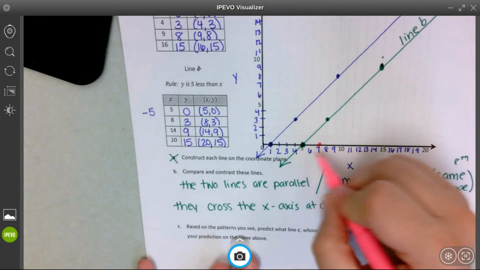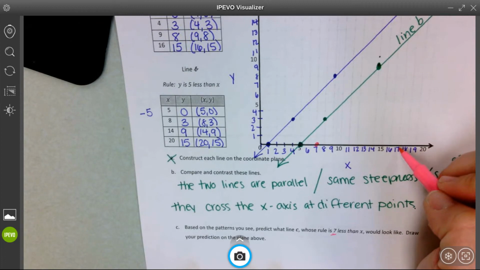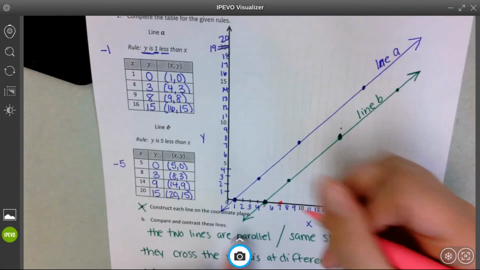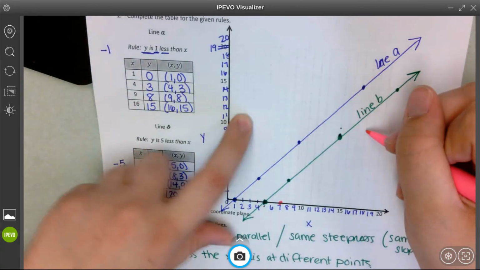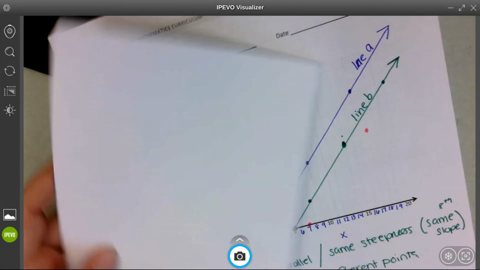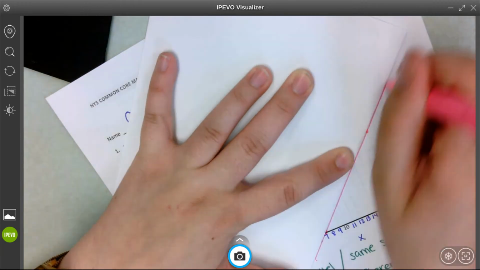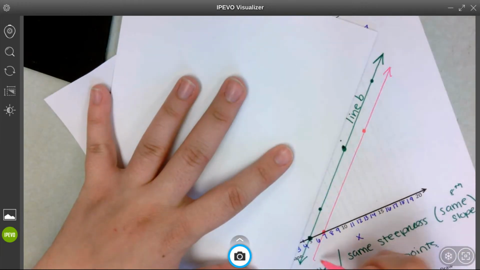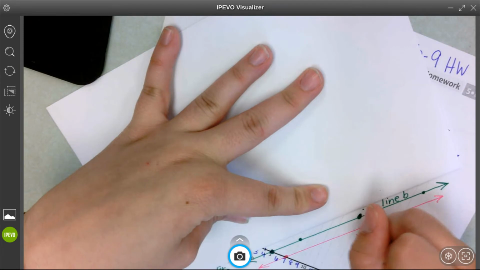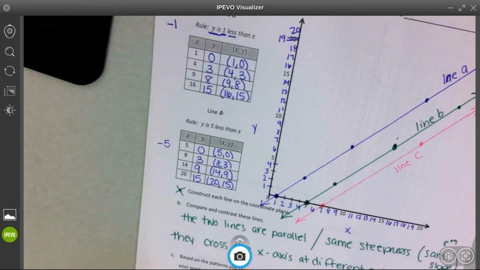And to make a line, we need at least 2 points. So I'm going to just pick another random point. I'll pick 17 over here. 17 minus 7 would give us 10. And that's going to give us a spot there. I'll use my straight edge. And that's line C. Okay, that's the first half.